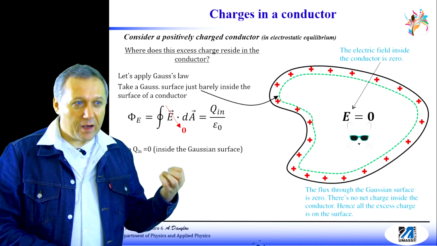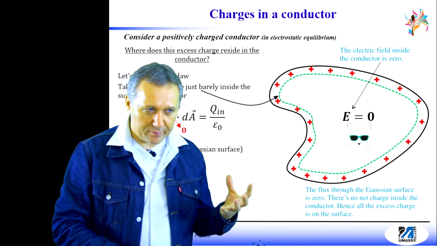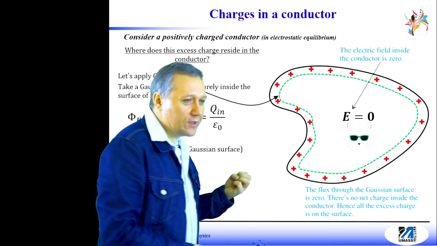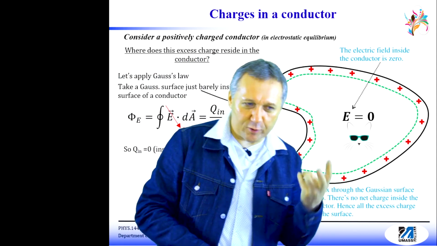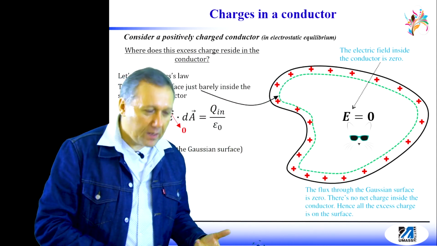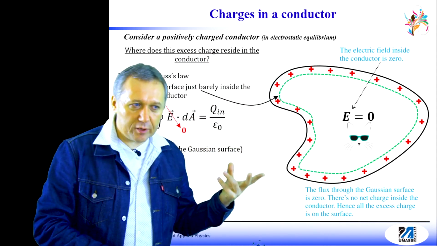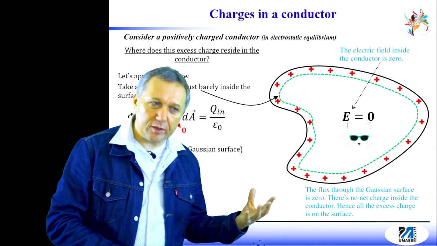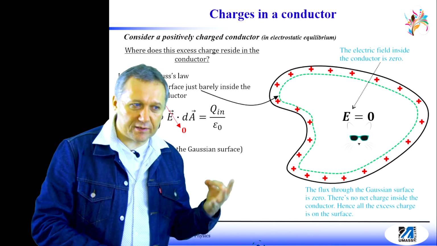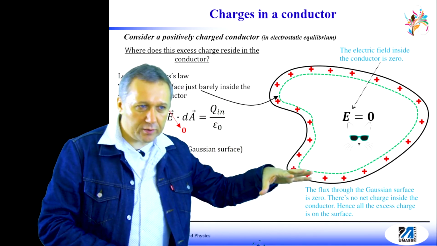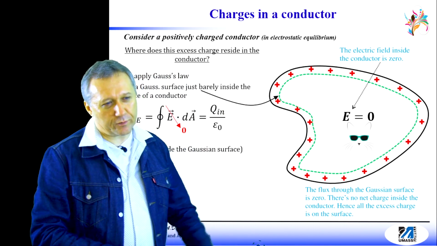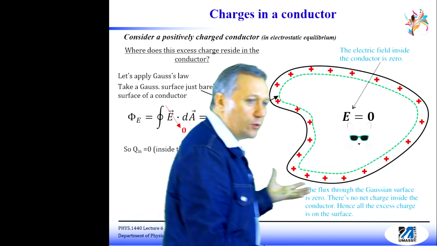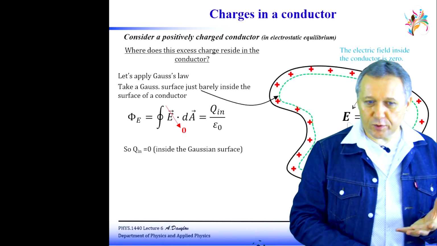Now we got the third property of the conductor. The first one, tons of free electrons. Second, in electrostatic equilibrium, the electric field inside is zero. And third, in electrostatic equilibrium, any excess charge can reside only on the external surface. And conceptually, it's actually easy to see.